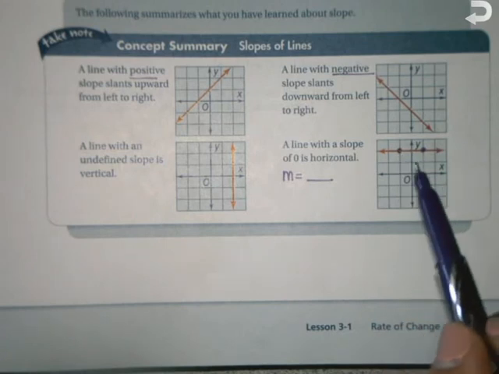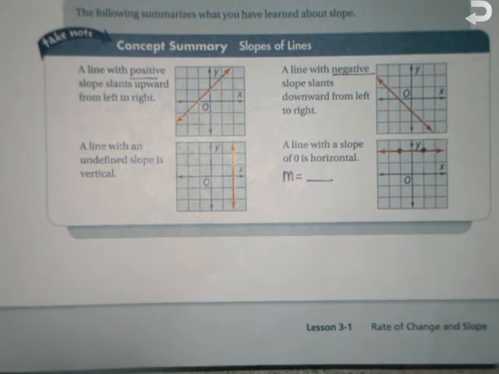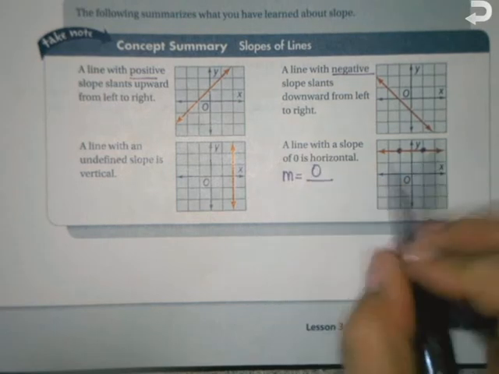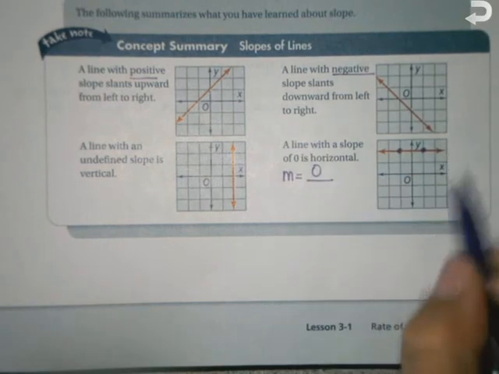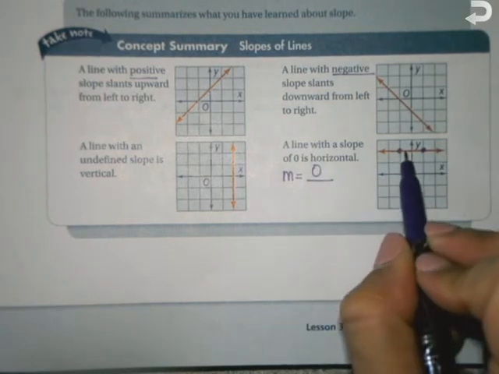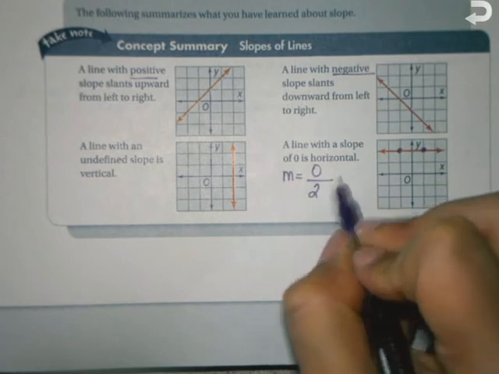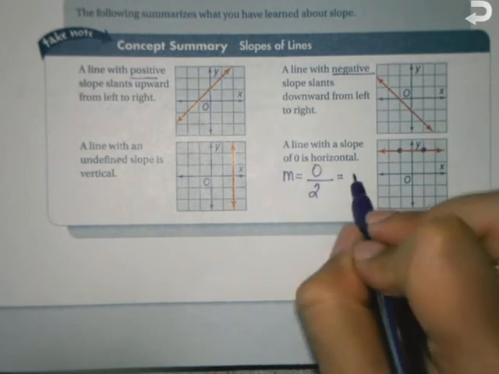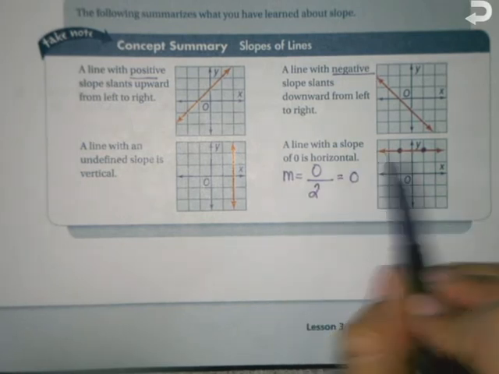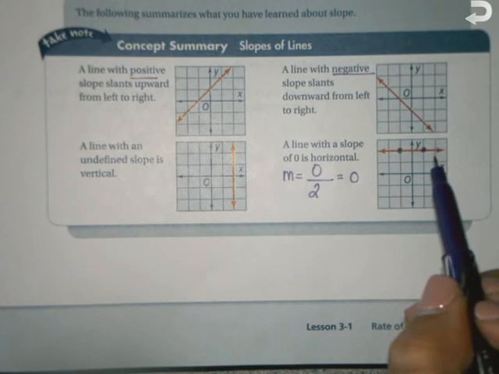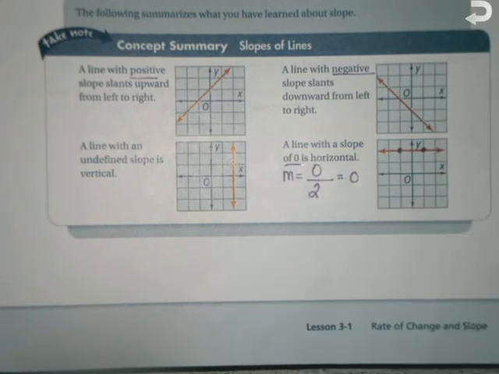How far up and down do I go? 0, because it's flat, right? But what's my run? 2. Okay, 0 divided by anything is what? 0. So if you have a horizontal line, a flat line, your slope is 0. Does that make sense?